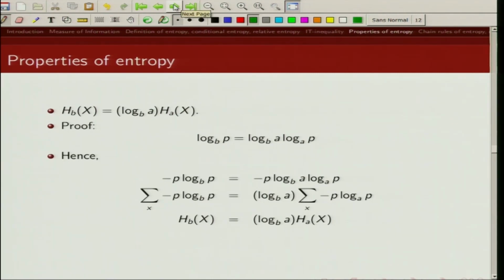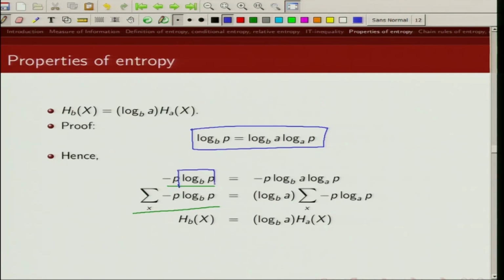We have to compute entropy to the base B, so we compute minus P log of P, and sum it over the support set of P. We know that this quantity is equal to this, so we replace this by this in this expression, and we get this expression.